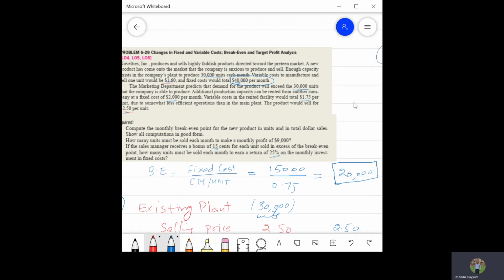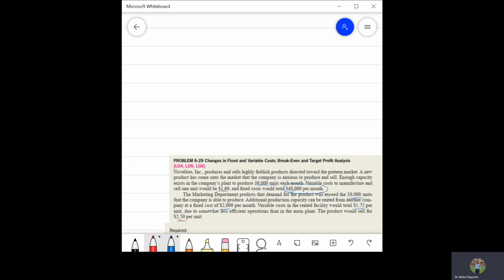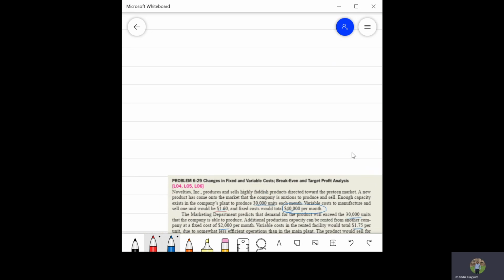First we see how much our investment in fixed cost is. So our fixed costs are two types. One is 40,000 from existing capacity and 2,000 from the rented capacity.